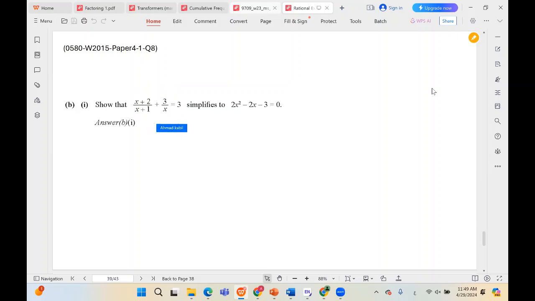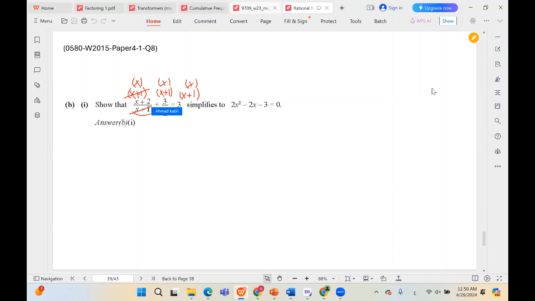Let me start over. Let's multiply each term by the first denominator. So let's multiply x plus 1, x plus 1, x plus 1. And then multiply each term by the second denominator. So x, x, x. And we will write the equation down. So we have, first we cancel out the common things.